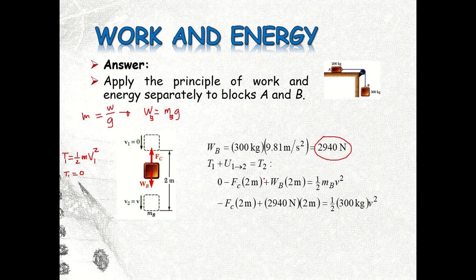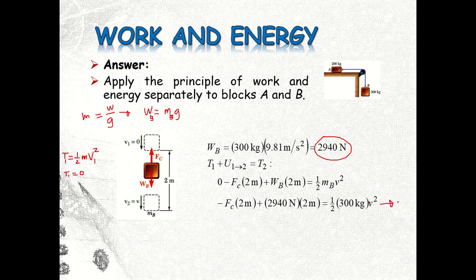So Fc times 2 meters plus weight of B, which is 2,940 Newton multiplied by 2 meters, is equal to 1 half m sub B v squared. So 1 half and our mass of B is 300 kilograms multiplied by v squared. So you can call this equation 2.